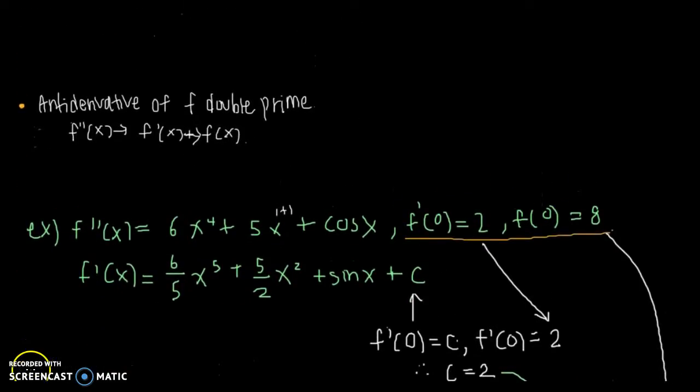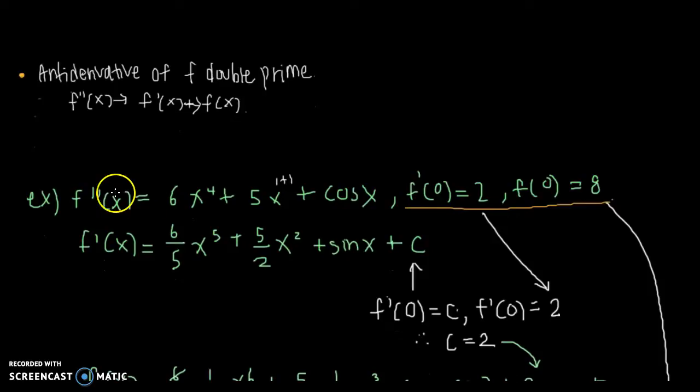So now we're going to look at the antiderivative of f double prime. It's going to be the same thing, but from f double prime to f prime of x, and then to f of x. It's going to be a lot of work. For this example, f double prime of x equals 6x to the fourth plus 5x plus cosine x.